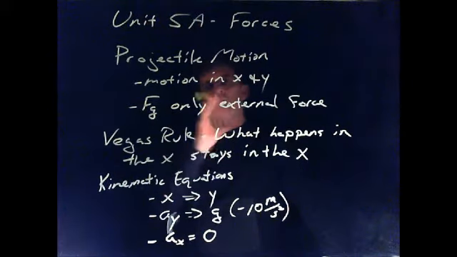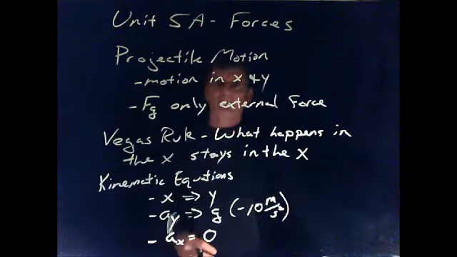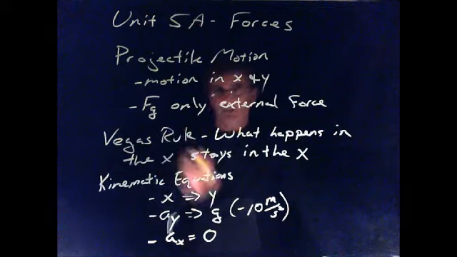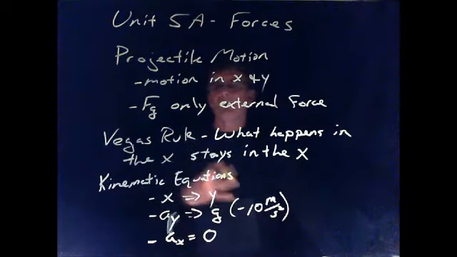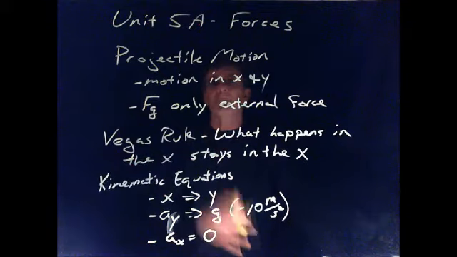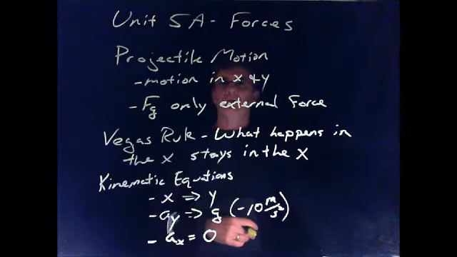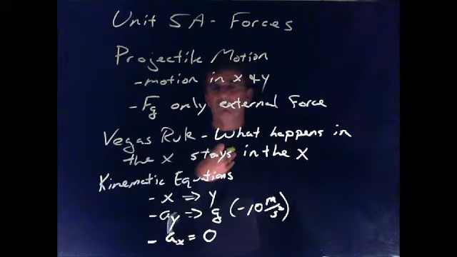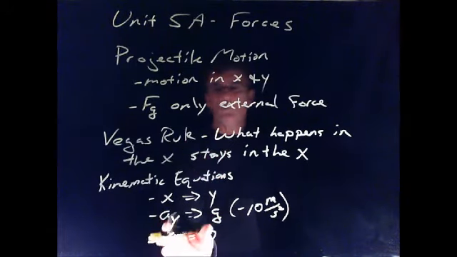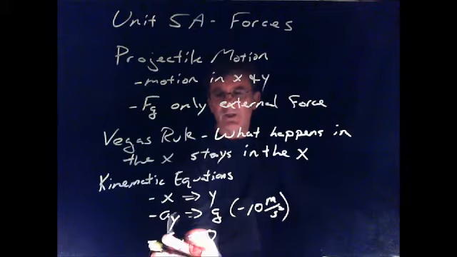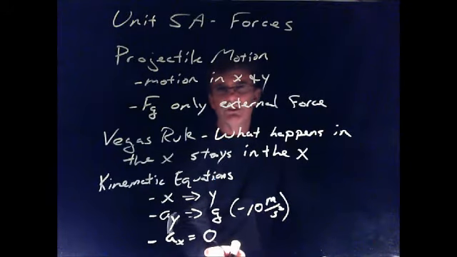Now let me clarify. With our problems, we don't have acceleration in the x. You can. If you have a rocket like in some of the cartoons, the rocket-powered roller skates, and you shoot off the cliff, that rocket is pushing you forward. You could have an acceleration in the x. In the problems that we do in the AP Physics 1, we don't. And so right away, there's no acceleration in the x direction.